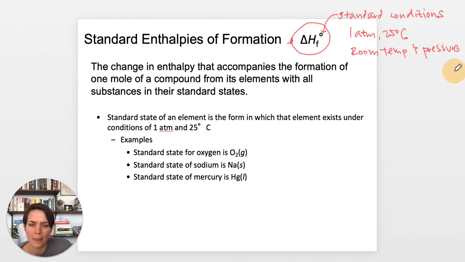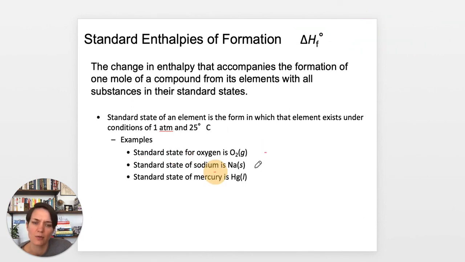Okay, so standard state, if you think about the standard state of something, it's going to be in the phase that you normally associate it with. So for instance, the standard state for oxygen would be a gas. Standard state for sodium would be a solid.